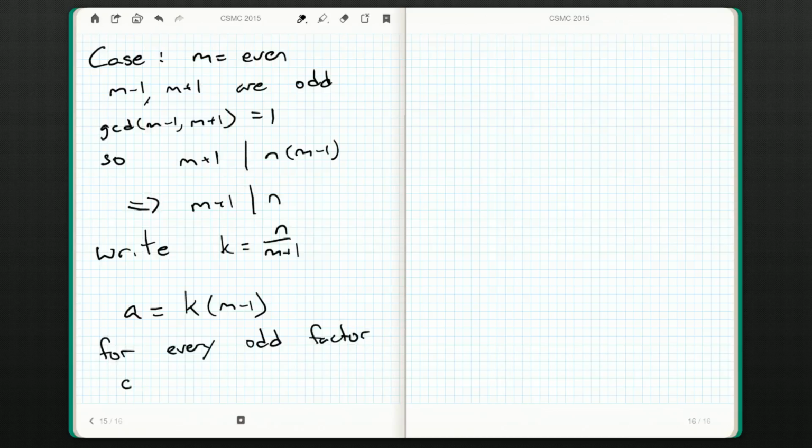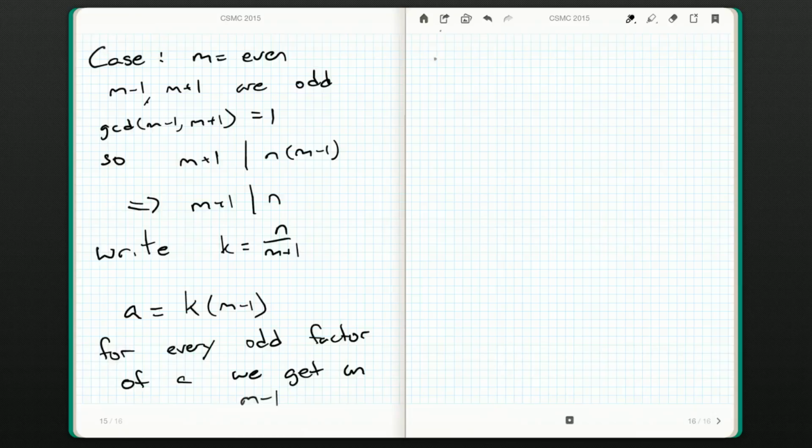And so for every odd factor of a, we get an m minus 1. Because remember, m minus 1 has to be odd because this is the case where m's are all even. And so that solves for m.